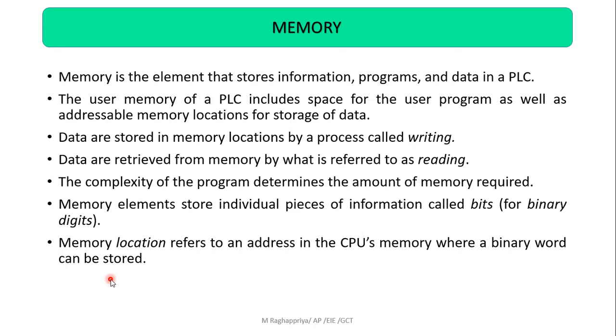A memory location is denoted by what we call a memory address. Just like we have our home address, if someone wants to deliver a post to our home, they will look at the address and deliver the post, right? Similar to that, here we have a memory location which is referred to as a memory address.